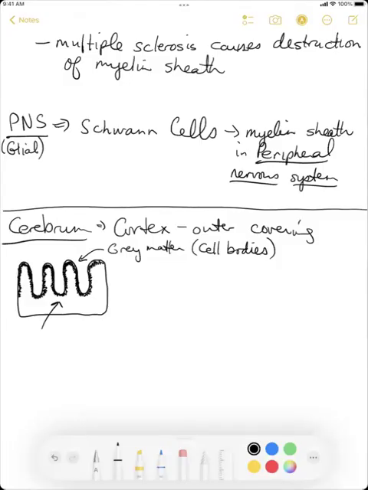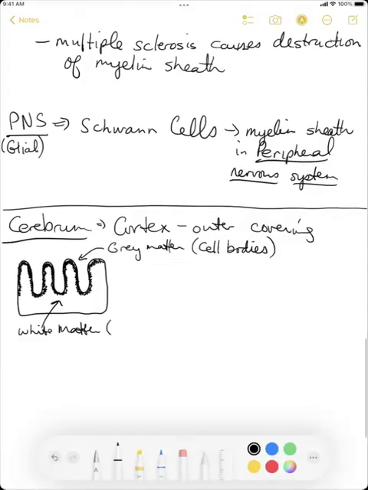Gray matter, white matter. And these are all of the axons of the neurons. So all the cords of the neurons are within the white matter.